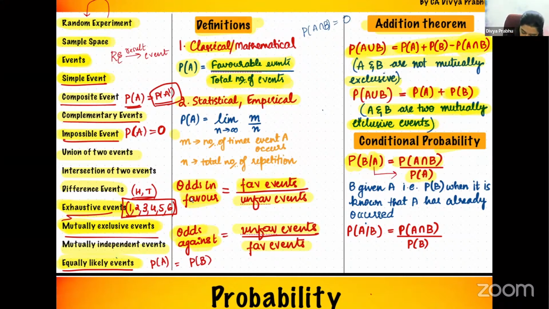Now, similarly, if we have probability of A slash B, which means probability of occurrence of A, given that B has already occurred, the numerator will be the same. Here, what has already occurred is B, so probability of B will come in the denominator. Understood?